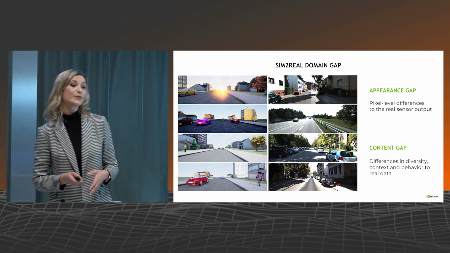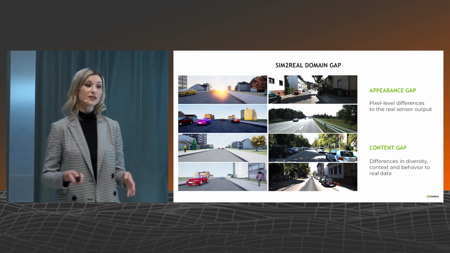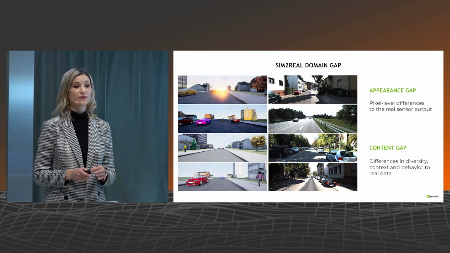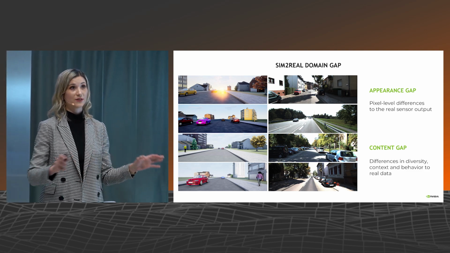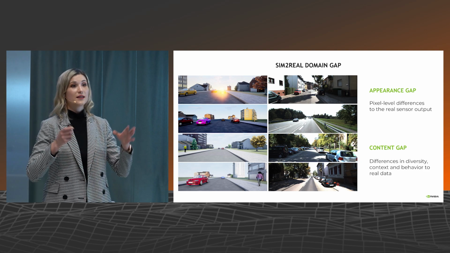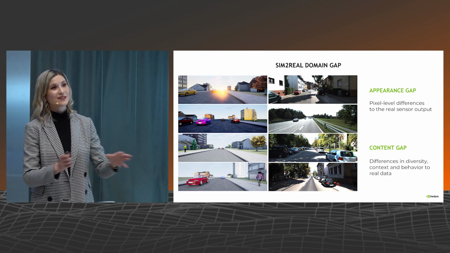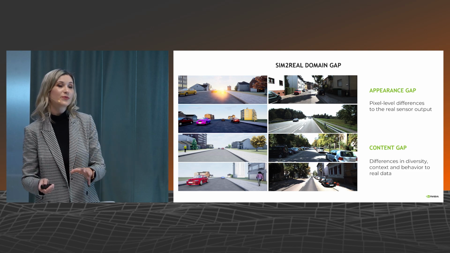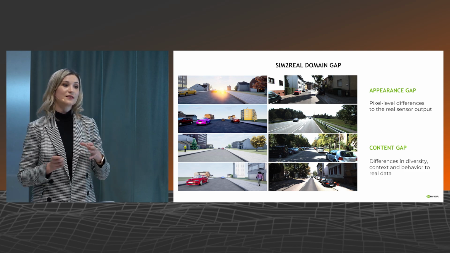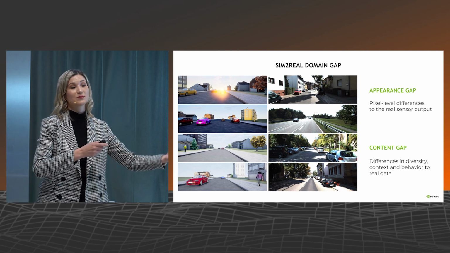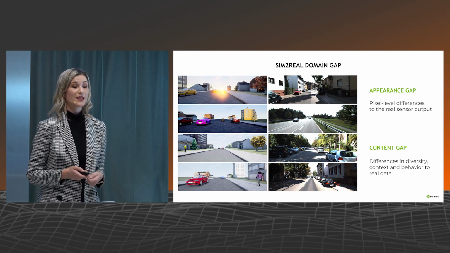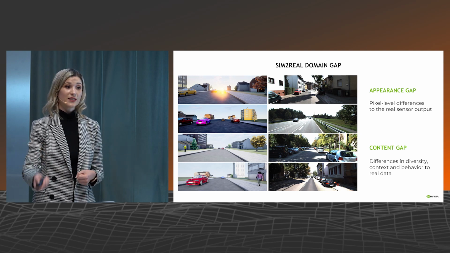The second gap is the content gap. And by content gap, we understand differences in diversity, context, and behavior to real data. That means that, well, something is not fitting in terms of like objects placement, well, this scene is not reflecting the real world. So let me give you an example of context.